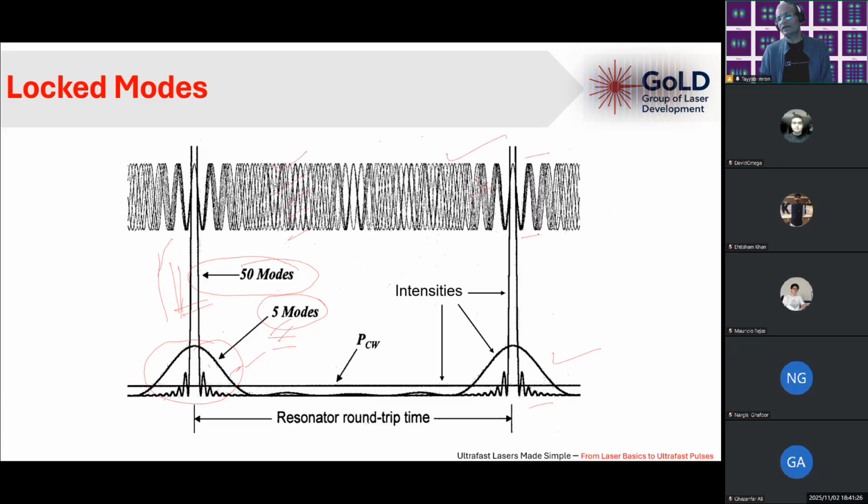Whenever they are locked, you get a short pulse. If they are not locked, you cannot get anything. Otherwise, you have CW or some small pulses, if a little locking is going on. So this is just to interpret how the locked modes can be shown.